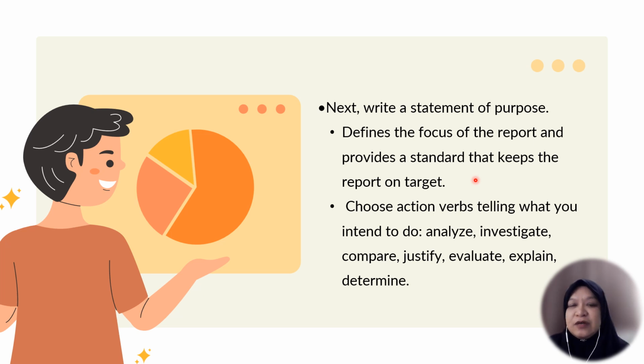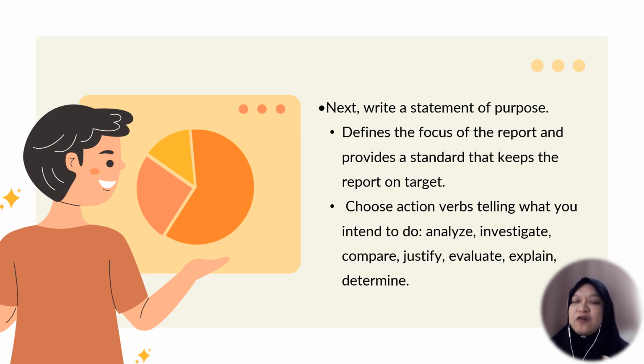When you write the purpose of your report, you want to choose action verbs telling what you intend to do. For example, you can use to analyze, to investigate, to compare, to justify, to evaluate, to explain, or to determine.